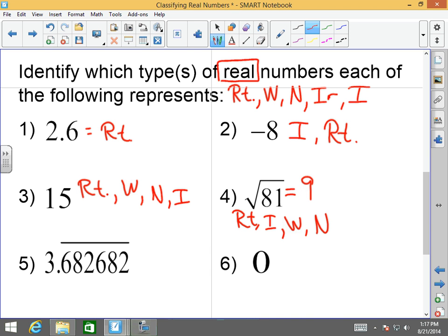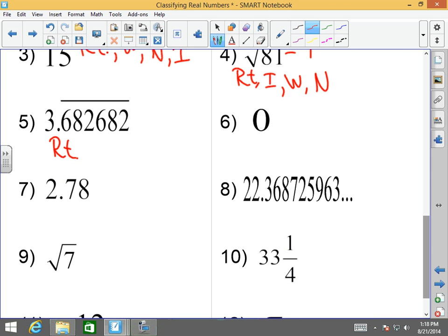Rational. Very good, sir, because it is repeating. Can it fall into any other category besides real? Okay, you say yes. What other one? No, it can't, right? Because repeating decimals are only rational. It's not natural or whole.